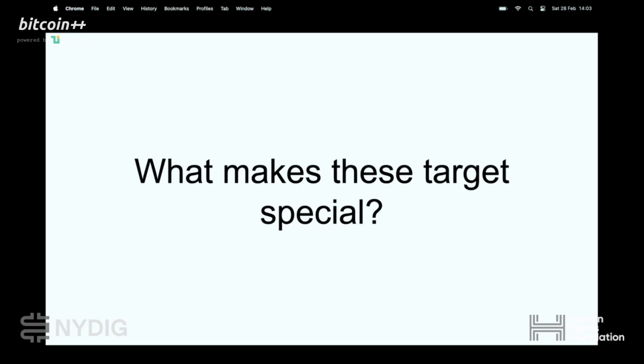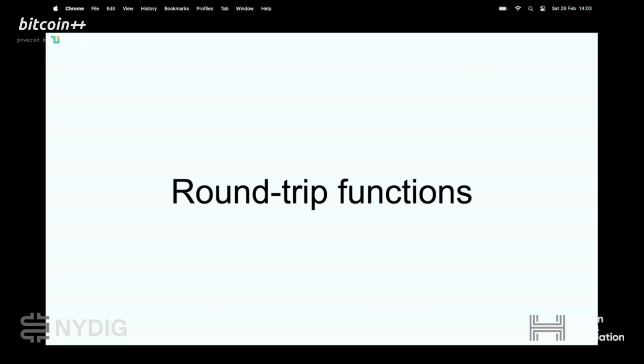So why? What makes these targets special? Because there are some targets that detect 12%, 10%, but you have many targets that can detect 80, 90, or 100% of the mutants, more than the functional unit tests together. So I started investigating, and the first thing is round-trip functions. This is obvious.